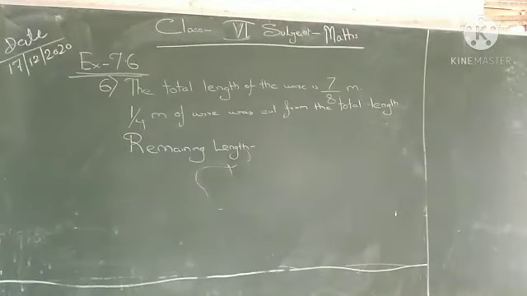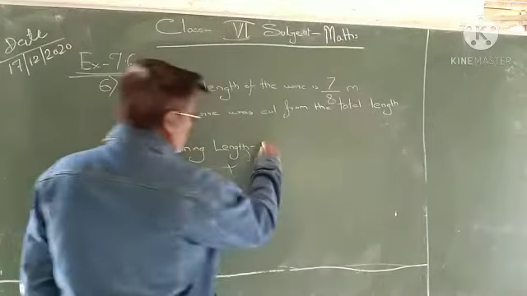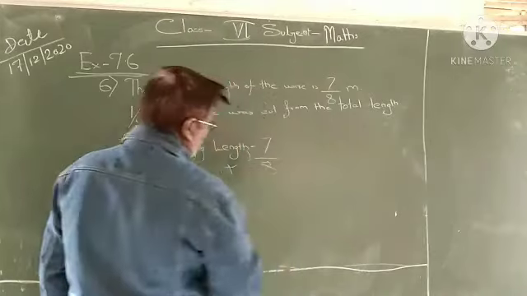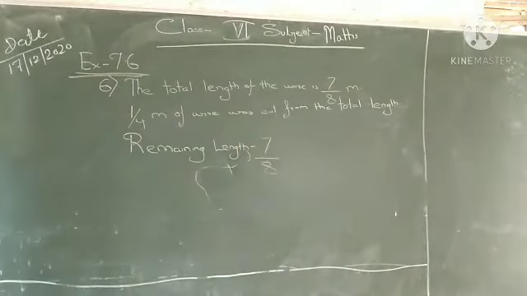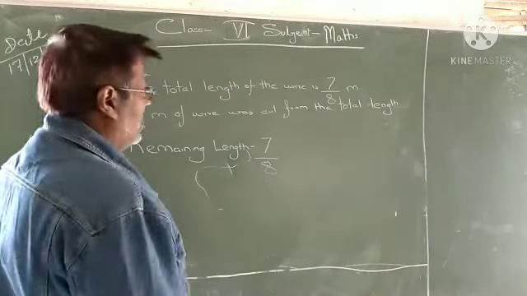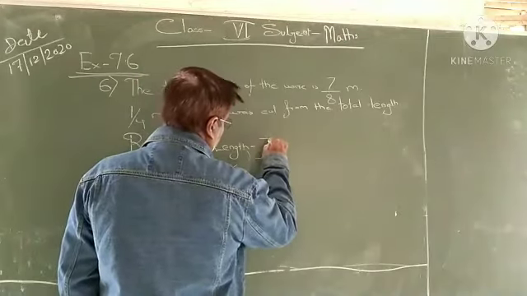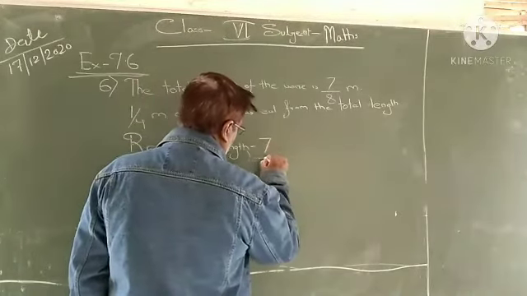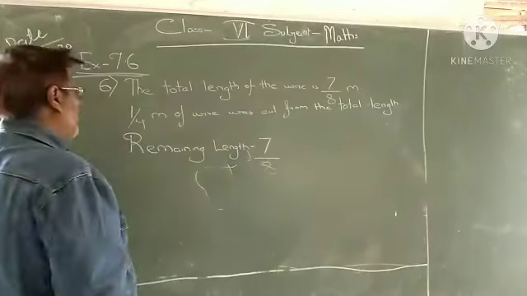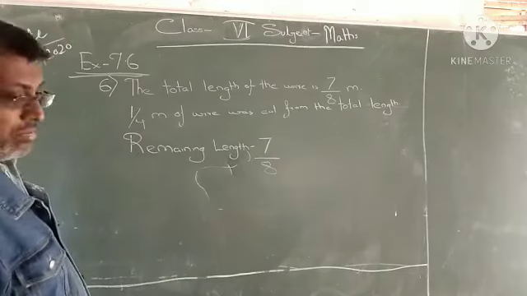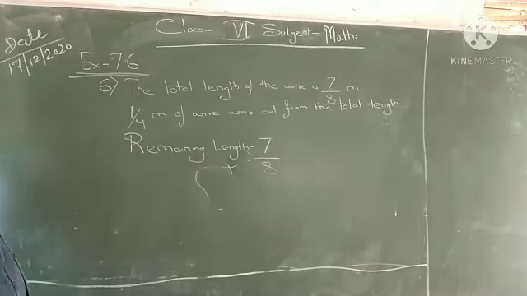So, the total length of the wire is 7 by 8. Just assume that you have a wire whose length is 7 by 8 meters. You give 1/4 of a meter to your friend.